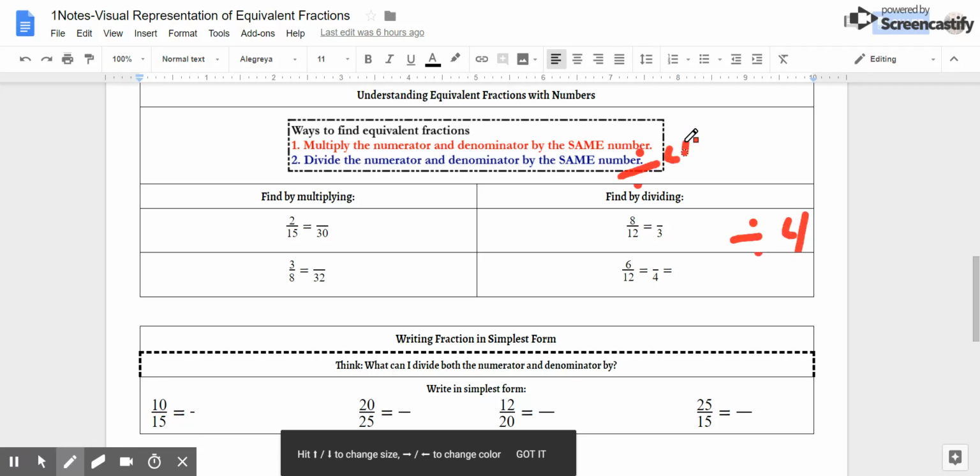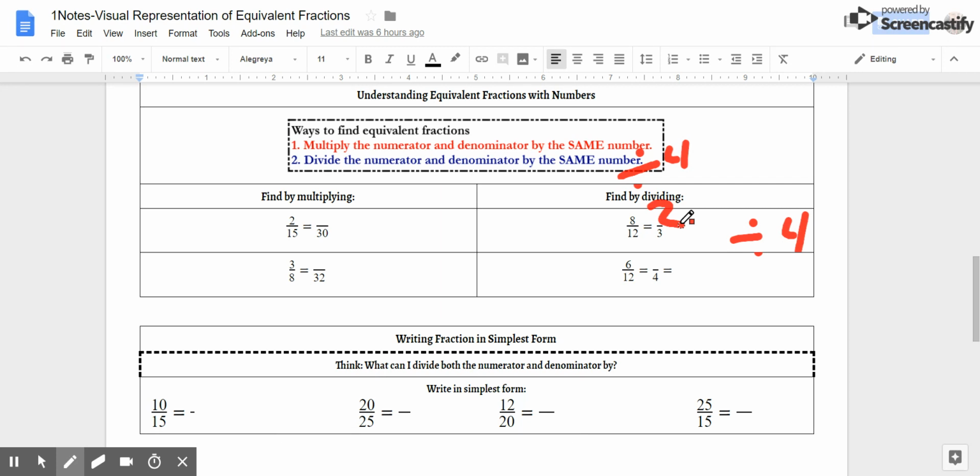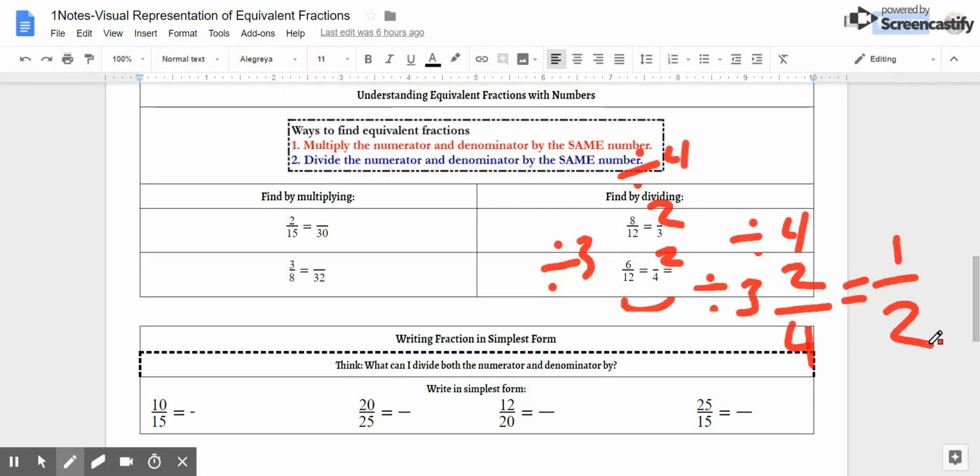So on the top, I also divide by 4. So my equivalent fraction is 2/3. How do I get from 12 to 4? I divide by 3. So on the top, I also divide by 3. So 2/4. Now, if we're going to simplify, 2/4 can actually equal 1/2 because we can divide the top and the bottom by 2.